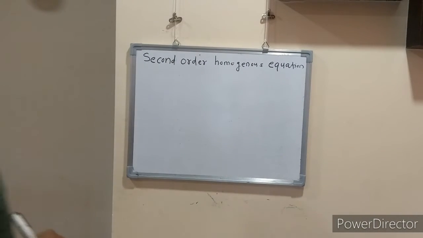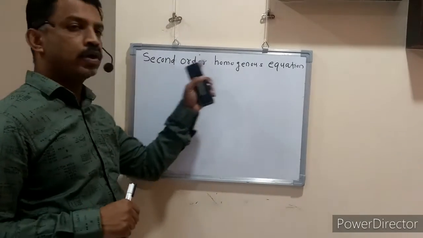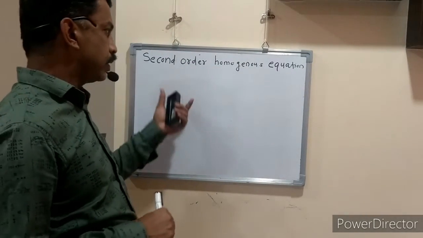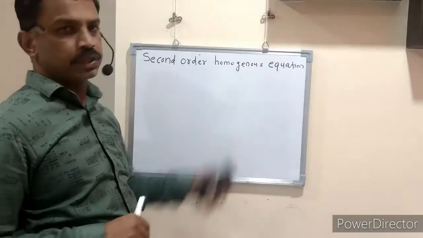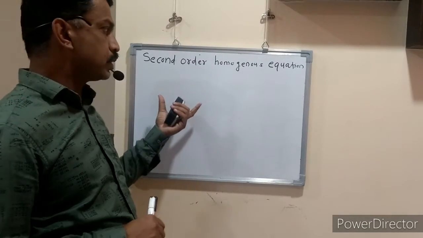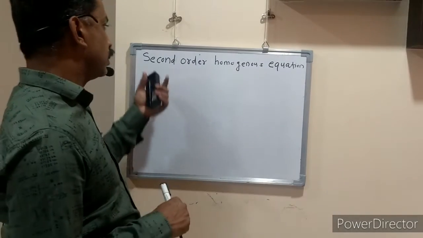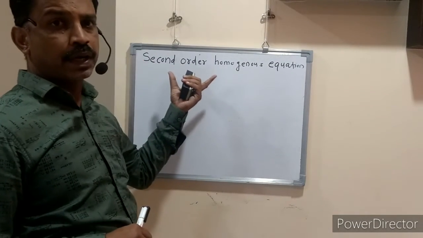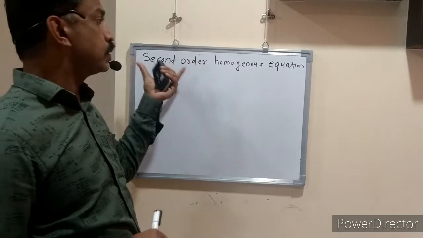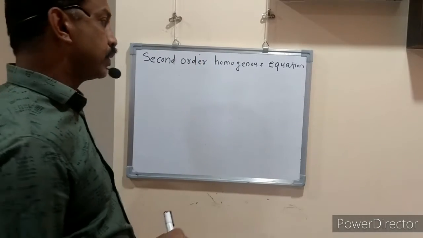Hello friends, now we see the second order homogeneous equation. Just like the first order homogeneous equation, in this equation also the dependent term is present everywhere, and it is second order because if the highest derivative is 2, it is known as a second order differential equation.